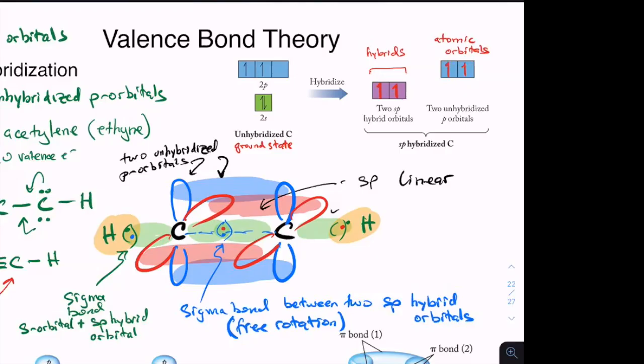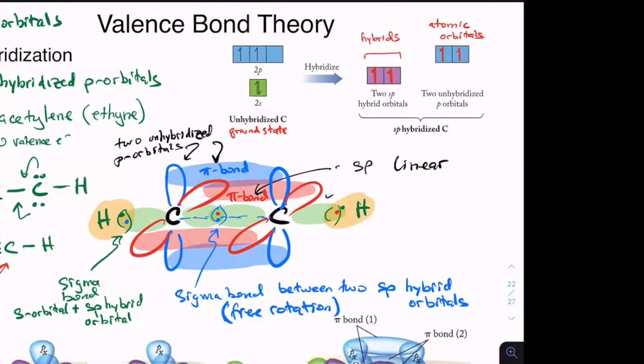And so let me just emphasize, there is 1 pi bond here in red, and there's a second pi bond here in blue. Right? And this is giving us our triple bond.